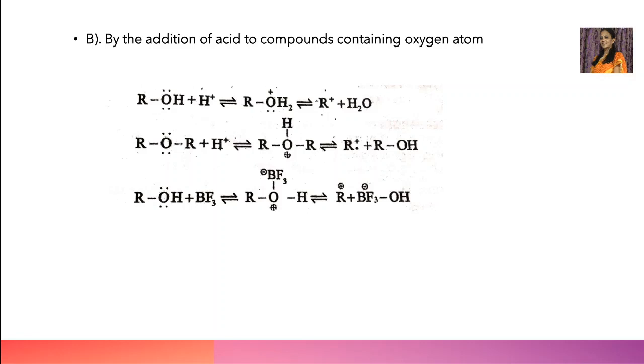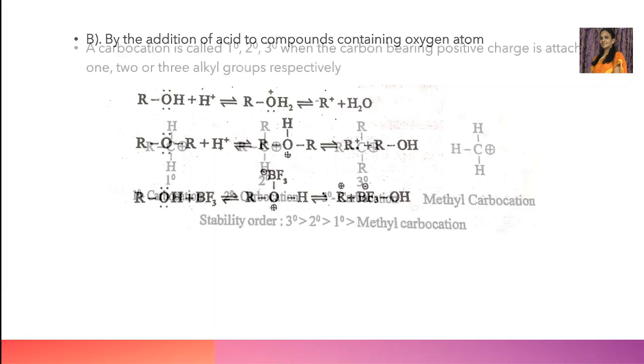Thus, it goes, R positive and ROH is produced here. Similarly, another example here, alcohol with BF3: a bond is formed between O and BF3, and oxygen suffers a positive charge. Thus, it goes along with this bond pair, then R becomes positive. So, like this, carbonium ions are produced.